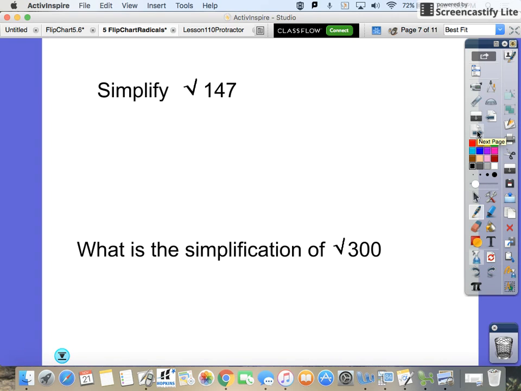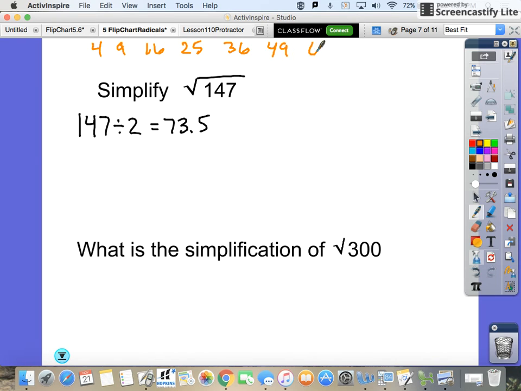All right, let's try this one. 147 divided by 2 is, gotta calculate that, 73.5. That is not in our list. 73.5 would be somewhere here.